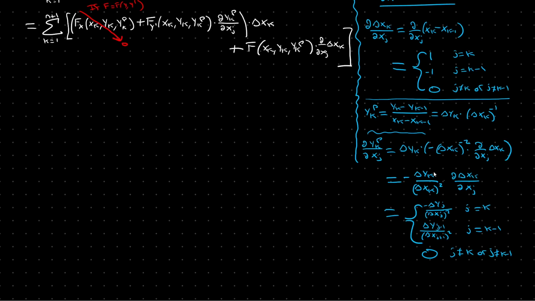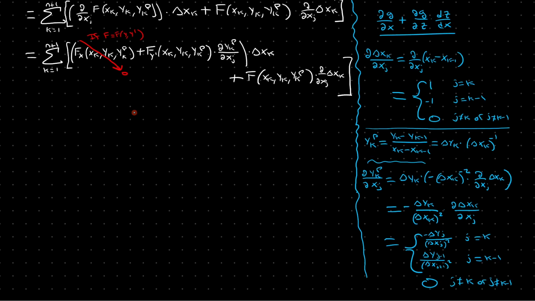So what's very neat here is that these two simplification formulas for these derivatives are going to reduce this summation. We're summing over all values of k here, but this derivative and this derivative are 0 unless k equals j or k equals j plus 1. So really the only non-zero terms in this sum are those two terms for this expression and those two terms for this expression, which is very, very neat, and it simplifies to the following.